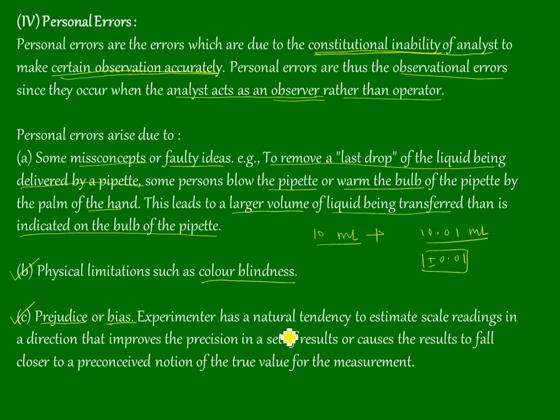So an experimenter has a natural tendency to estimate scale readings in a direction that improves the precision.